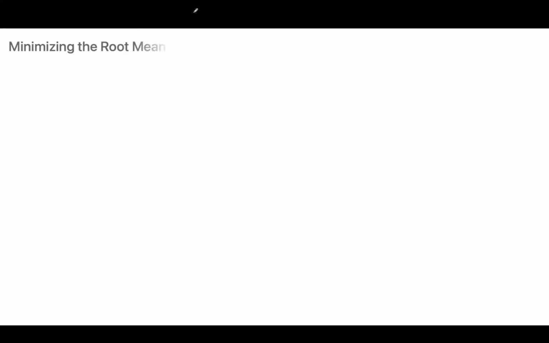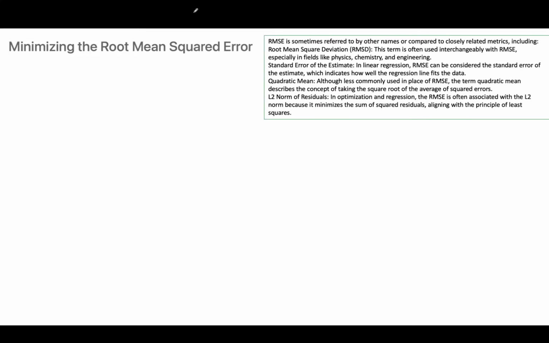Minimizing the root mean squared error. Remember that RMSE, or root mean squared error, might have different names in different books. Sometimes it's referred to by other names or compared to closely related metrics, including root mean squared deviation, RMSD.